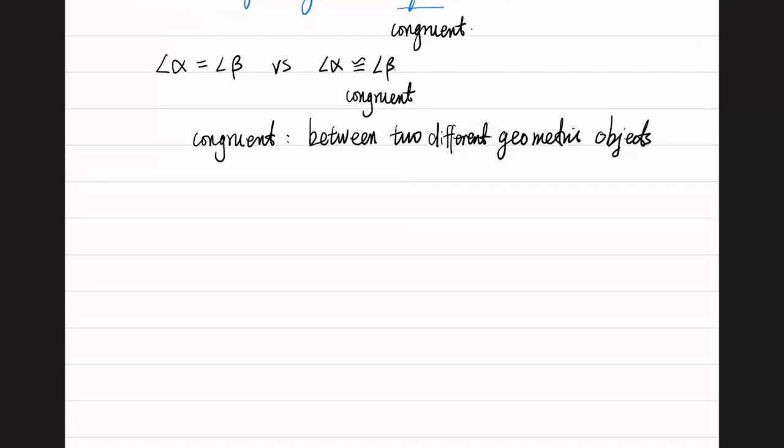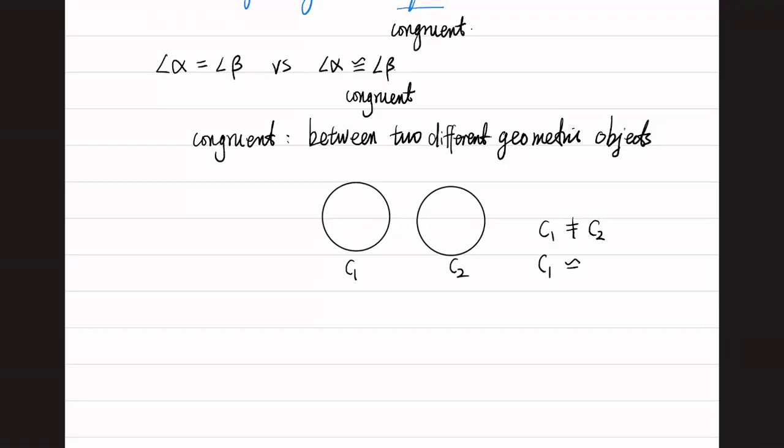For example, we have a circle of radius 1. Another circle of radius 1. The two circles have the same radius, but in different locations. They are different circles. Because they have the same radius, they are congruent. Circle 1, circle 2.